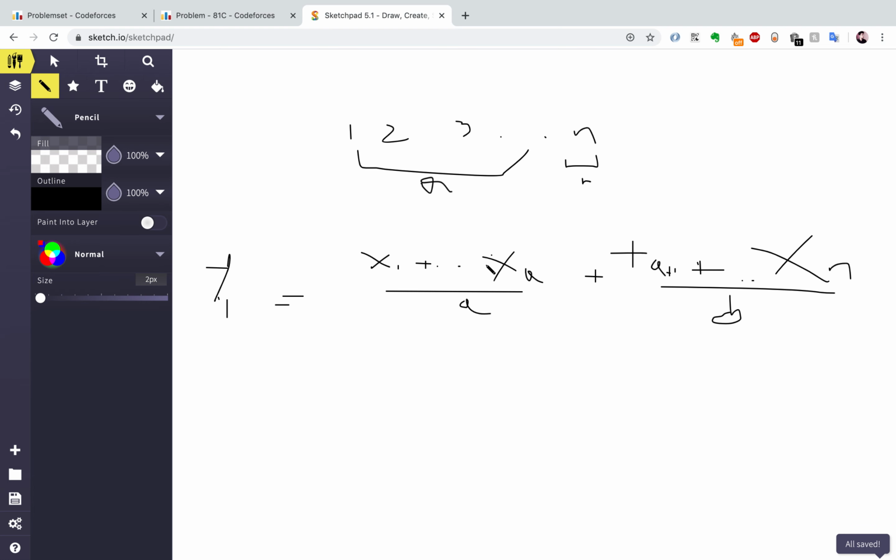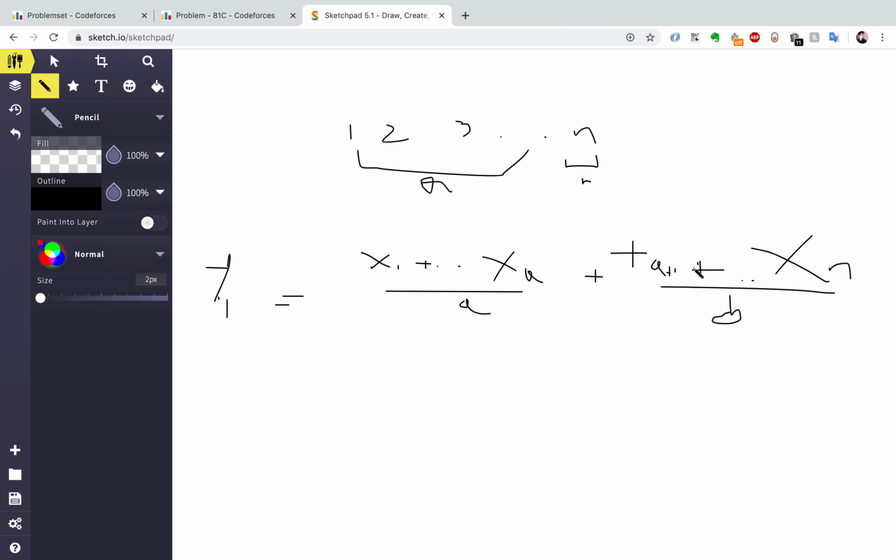Let's try to shift one value from here to here. When I take xa+1 and put it back here, then the sum divided by a will get increased here. So the idea is to shift one value from the one set to the other.